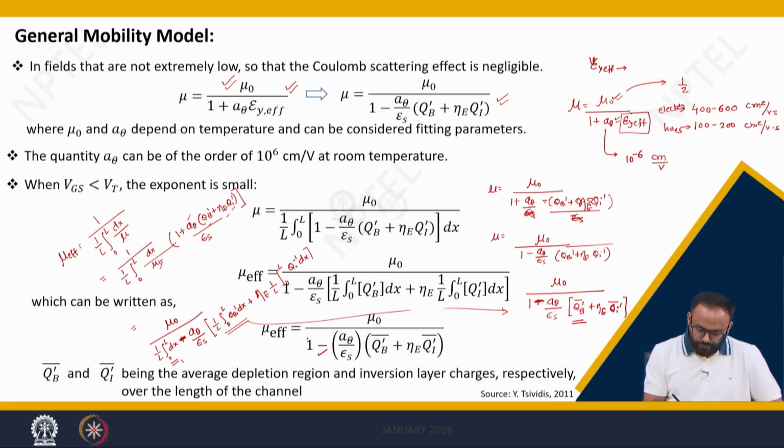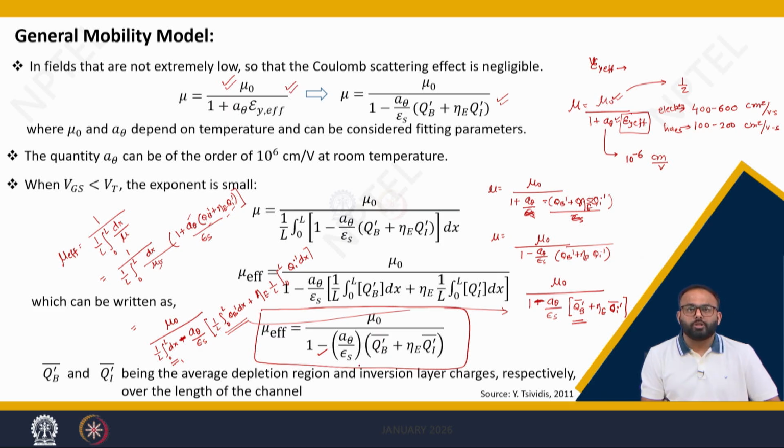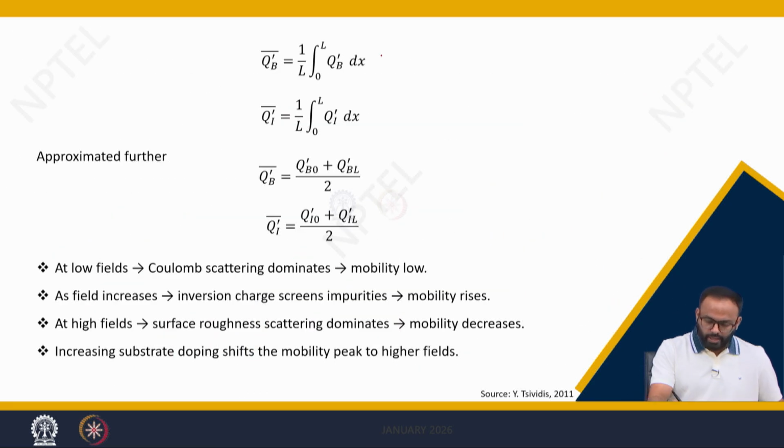So ultimately mu effective can be given as mu naught divided by 1 minus A theta by epsilon s into Qb dash bar plus eta E Qi dash bar, where these are the average charge per unit length or along the length. So I can define this as Qb dash bar equals 1 over L integration 0 to L Qb dash into dx.